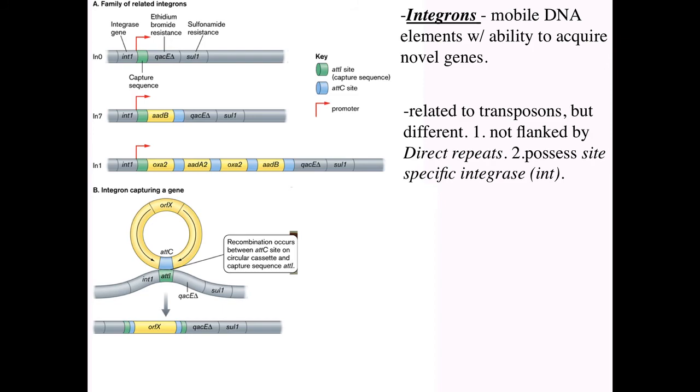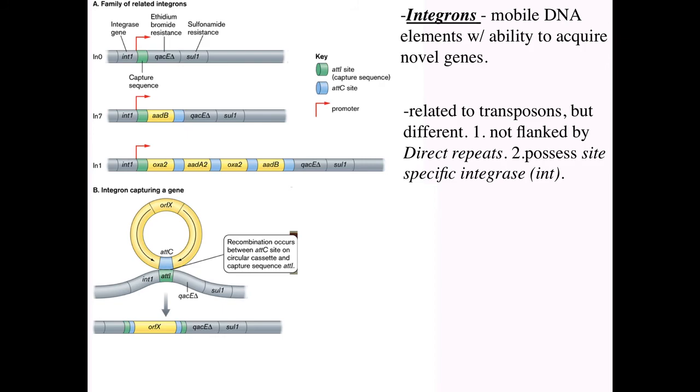But the integron is not happy at that point. It wants to grow, and it does grow tremendously. So it can capture foreign DNA and insert it at that site. So in integron 7, you can see that it's added this aadB gene. aadB is a resistance gene for aminoglycoside antibiotics, things like tobramycin, gentamicin.